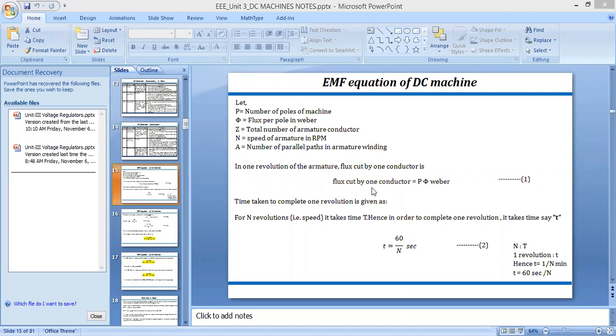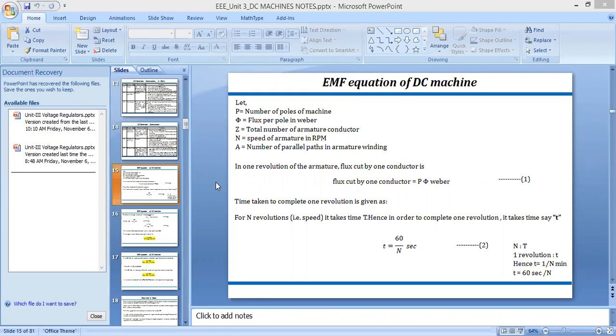Faraday's law is the basic law of electromagnetism, and it tells us about the interconnections between magnetic field and electric field, which will introduce the EMF.